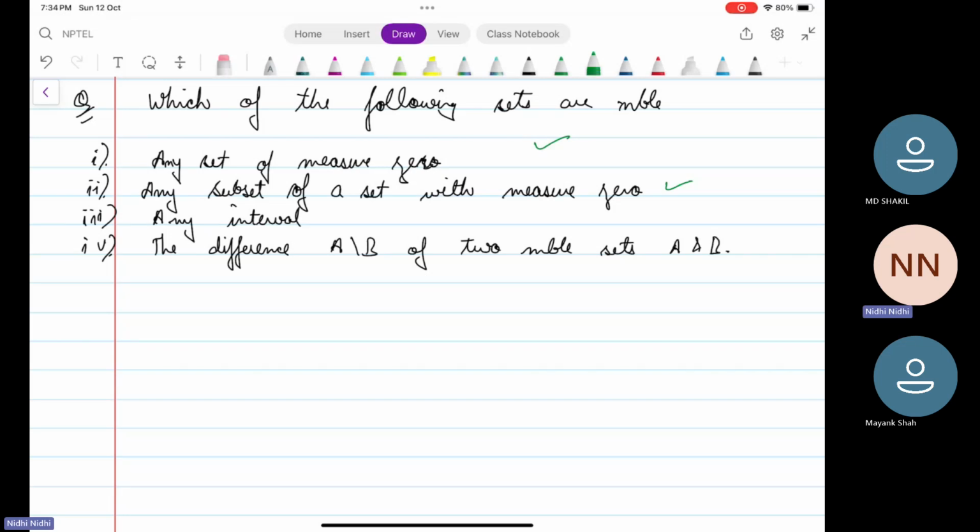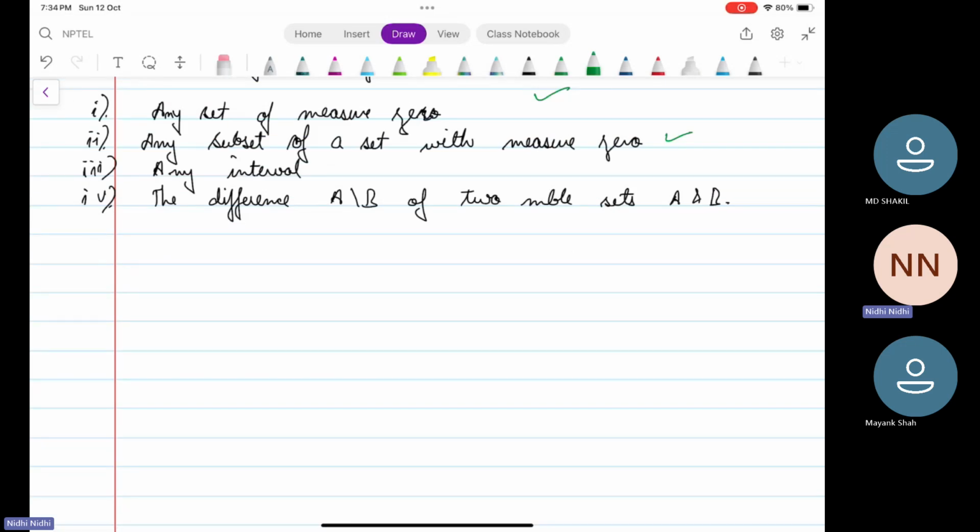So when do we say that a set is measurable? Basically, have you done this definition of Lebesgue measure? Let me just write.